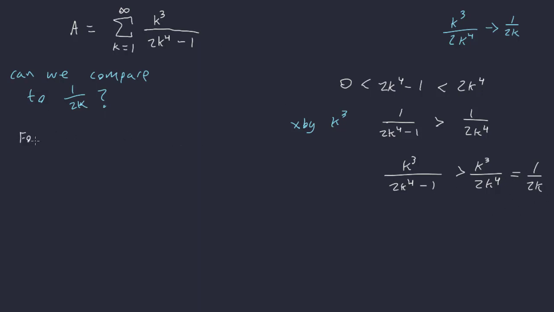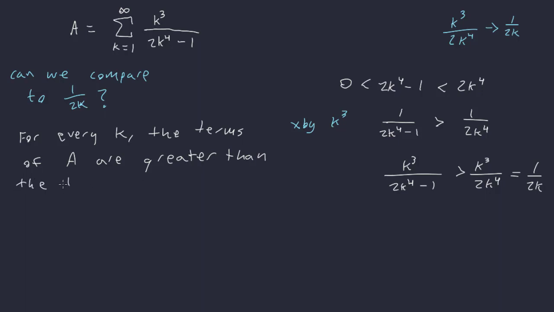So for every k, the terms of A are greater than the terms of B, which is going to be the series k going from 1 to infinity of 1 over 2k. Now, this is a divergent p-series.